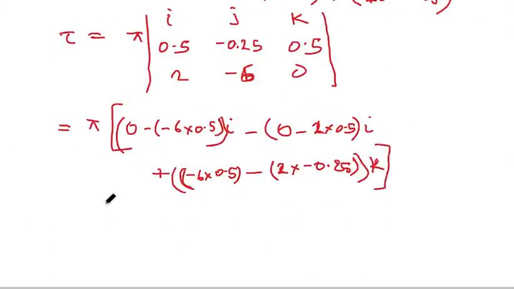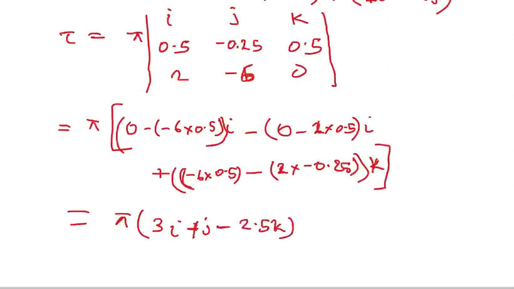Close the bracket. If you simplify this, you'll have tau equal to pi times (3i plus j minus 2.5k).